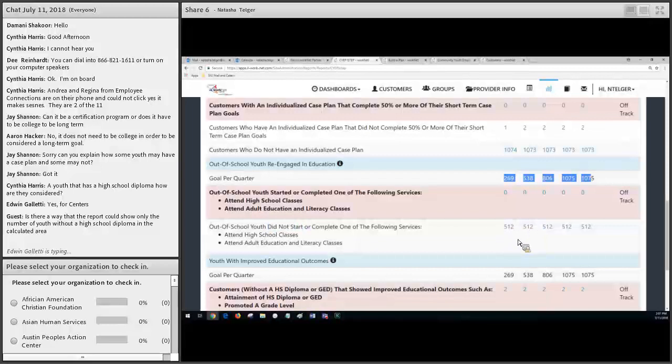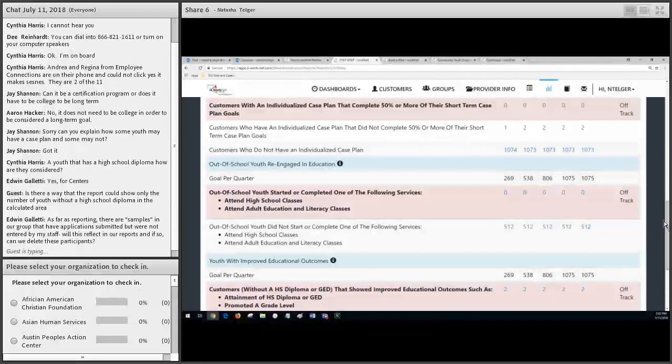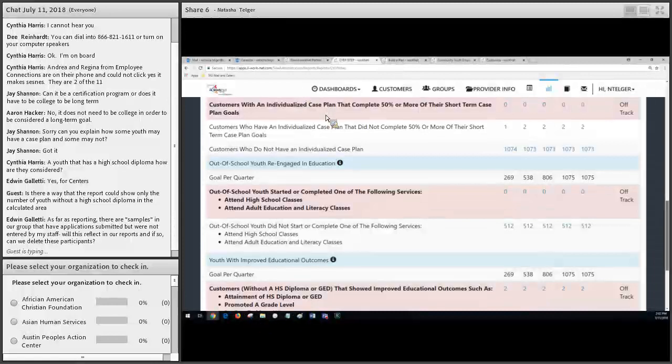Well, right now it looks like our goals needed to be updated, because this right here should be the total number of out-of-school youth that we have at the moment that meet that particular criteria. Right. Since we don't have any out-of-school youth that have met that criteria yet. Right.